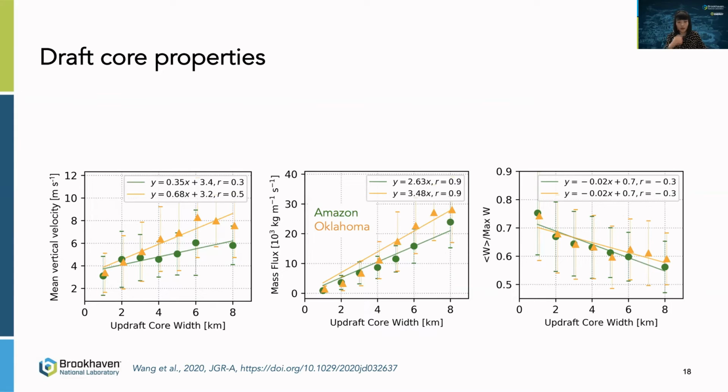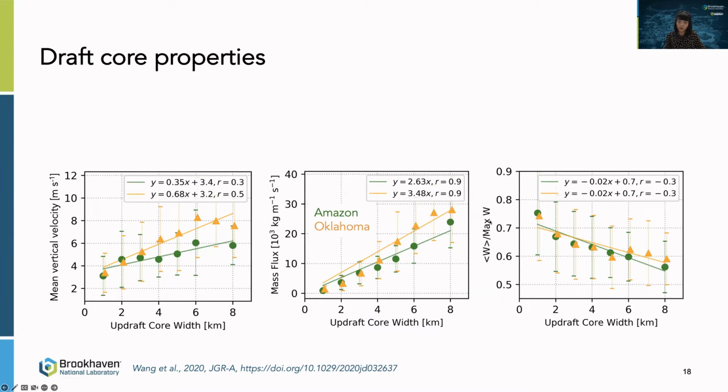And I plotted a couple of different parameters as a function of the size of the core for updrafts. On the left, you have mean vertical velocity, and in the middle, you have mass flux. And on the right-hand side, you have the mean vertical velocity divided by the maximum vertical velocity.